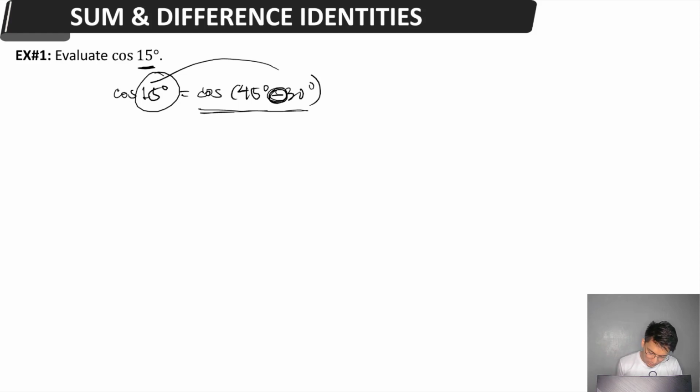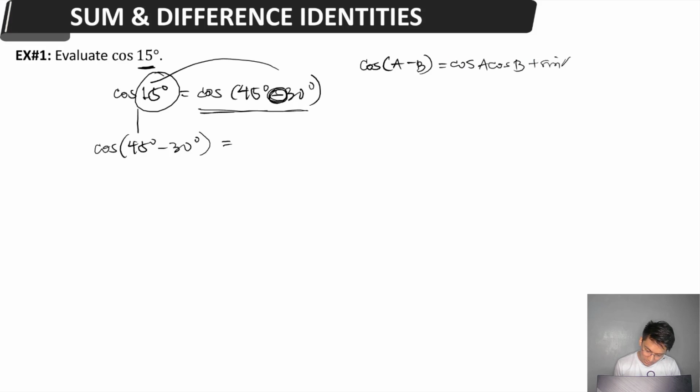So let's apply now. Cosine 15 degrees is cosine 45 degrees minus 30 degrees. And from the difference identity ng cosine function natin, we have cosine A minus B is equal to cosine A times cosine B plus sine A sine B. Ang A natin dito is yung 45 degrees, ang B natin is yung 30 degrees.